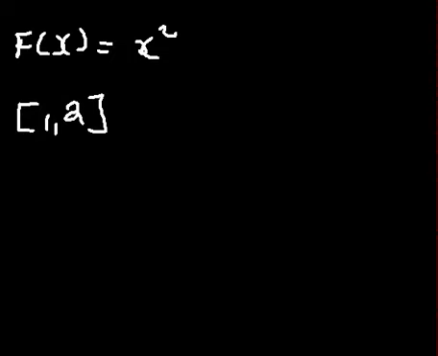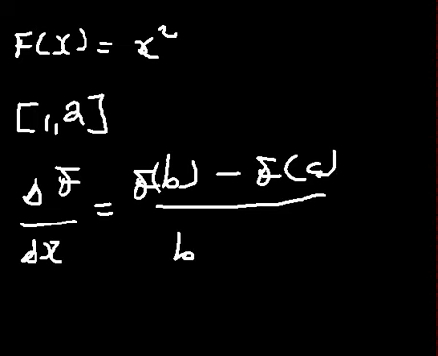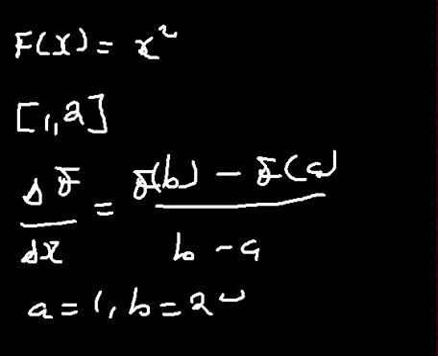We know that the formula for the average rate of change is delta f divided by delta x, which is f of b minus f of a divided by b minus a. So what is a? We have it as 1. What is b? We have it as 2. So what is f of a, which is f of 1?